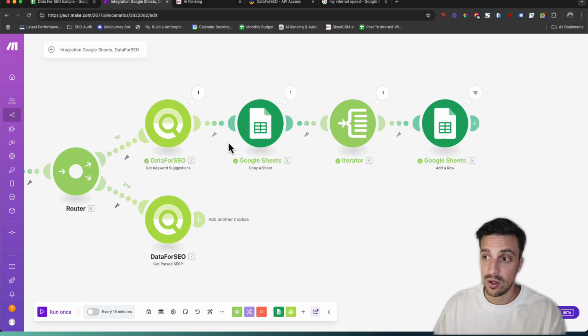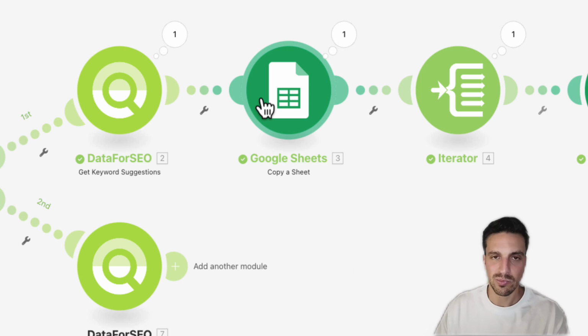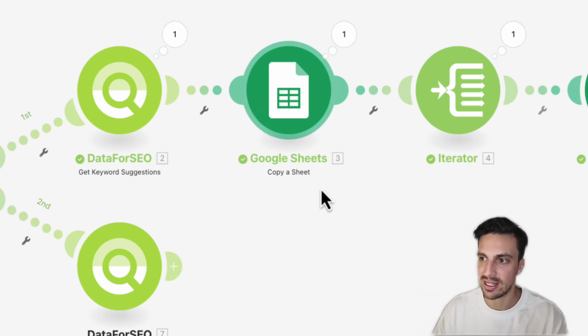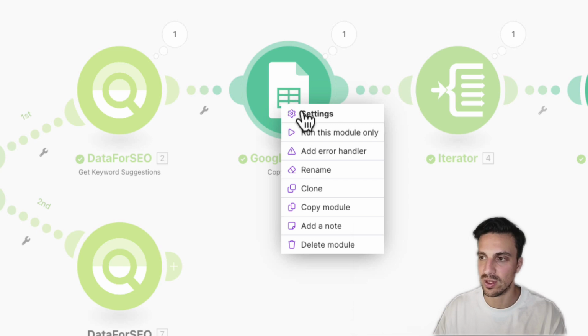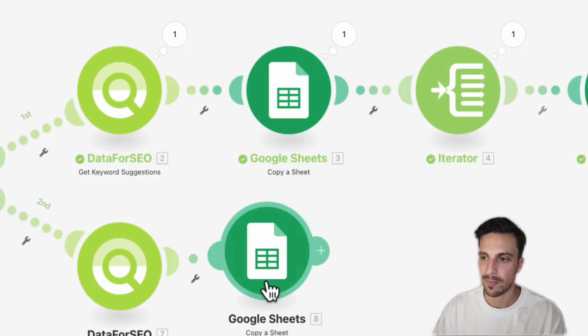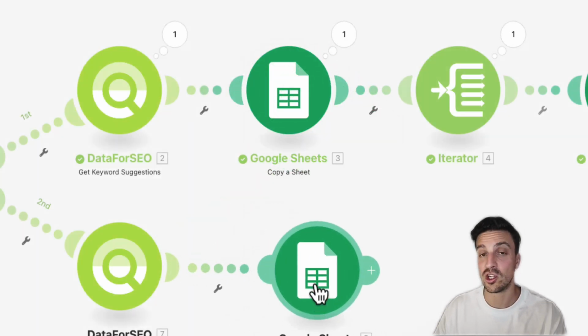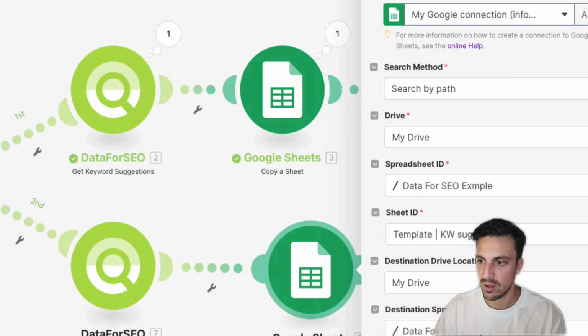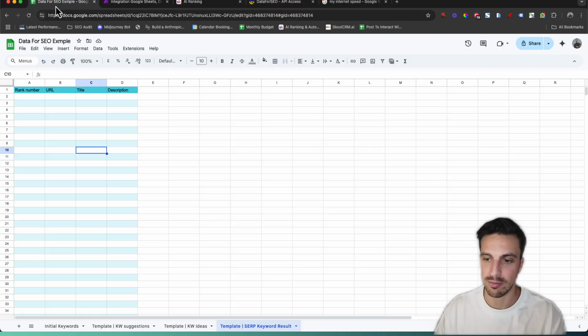Okay. So now essentially I need to copy these 3 steps again, really, but copying the right sheet in that instance. So what I like to do, instead of looking for the module, I just clone this one, take it down, and obviously I need to change a couple of attributes here. So we're copying the sheet from our template, and the template that we're copying now is SERP keyword result, right?